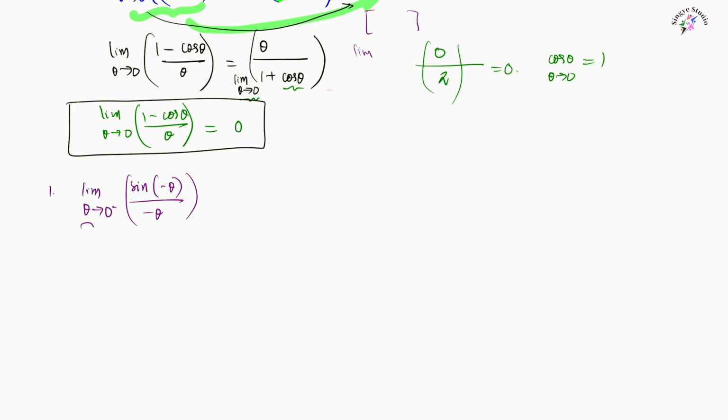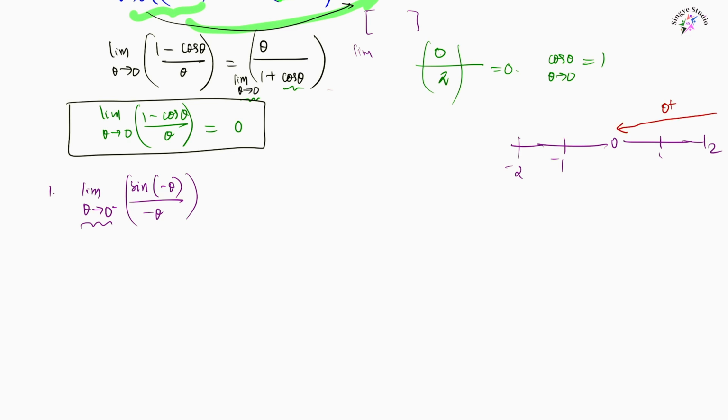For example, on the number line with 0, 1, 2, negative 1, negative 2, for the positive case it will approach 0 from the positive side, 0 plus.